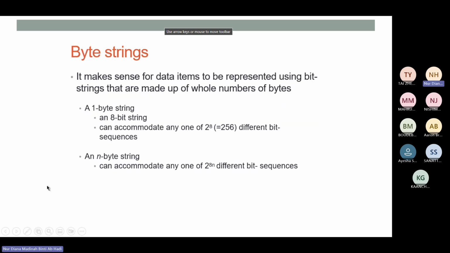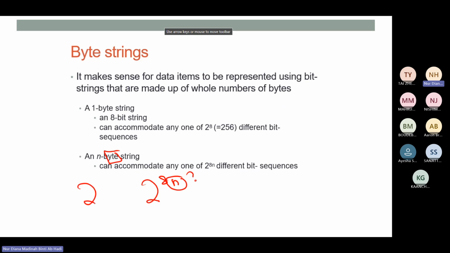So a byte string, 1 byte, is equivalent to an 8-bit string, where we can accommodate 2 to the power of 8, which is equivalent to 256 sequences. So when they say an n-byte string, it means that you need to put 2 to the power of 8n, because we don't know n, since we said byte.